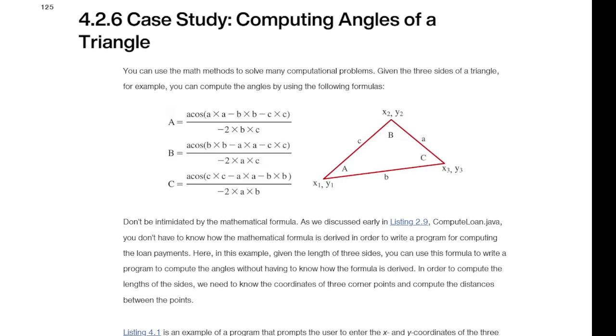So let's put our math.acos, and then for A, we needed A times A minus B times B minus C times C, divided by, in parentheses, negative 2 times B times C.